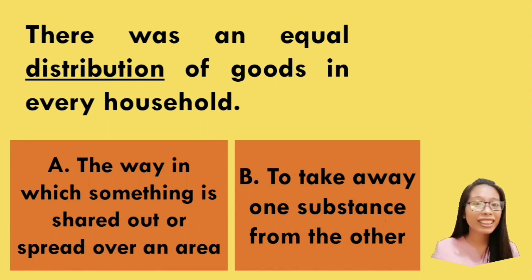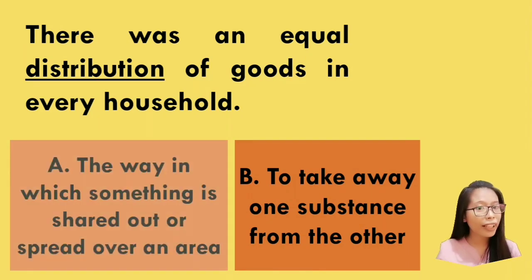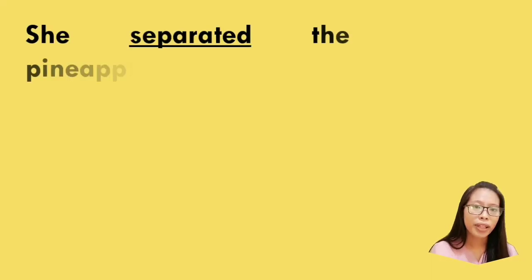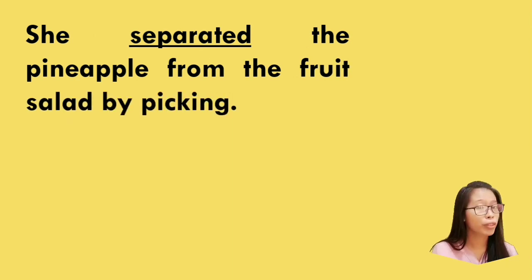Great! It's letter A. It is the way in which something is shared out or spread over an area. The fifth one is, she separated the pineapple from the fruit salad by picking. The underlined word is separated. What do you think does it mean?